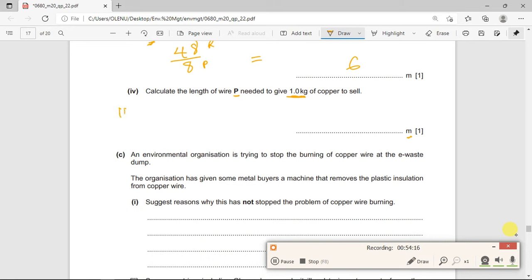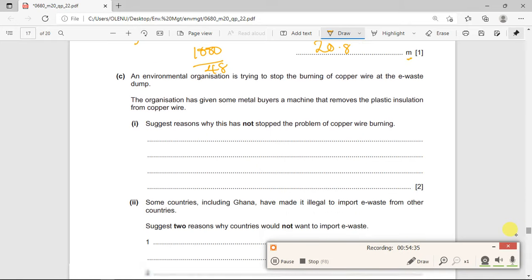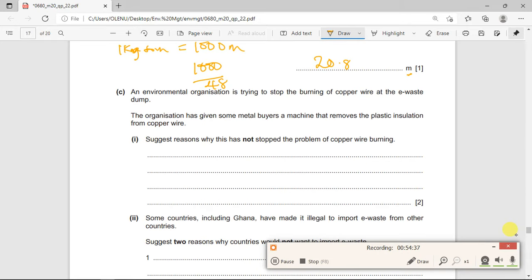All you need to do is divide 1000 by the total there, which is 48. That will give you 20.8 meters.